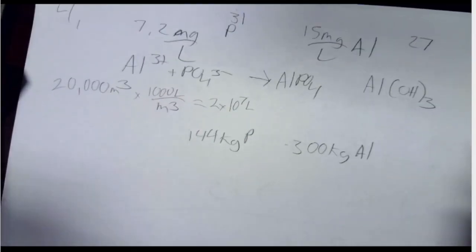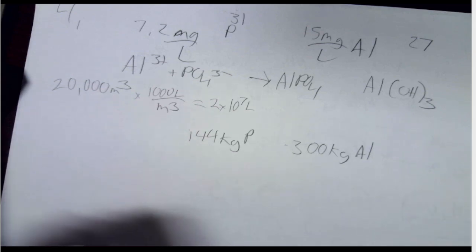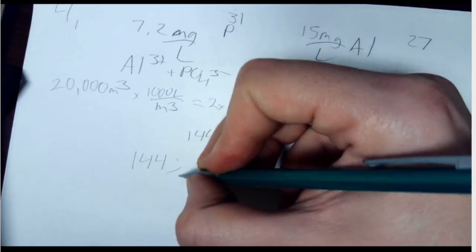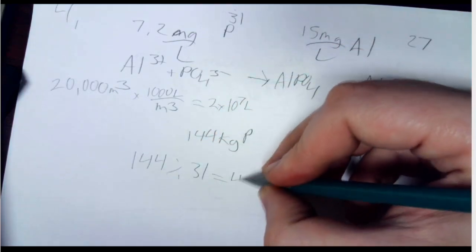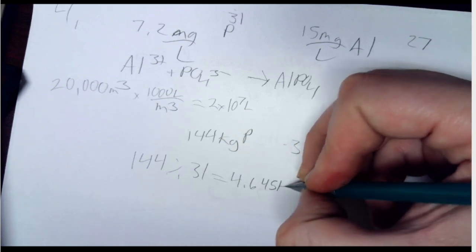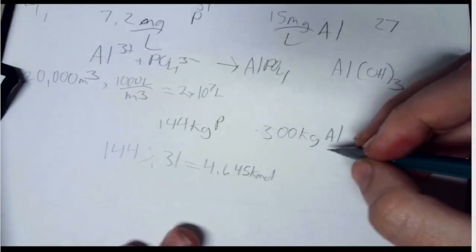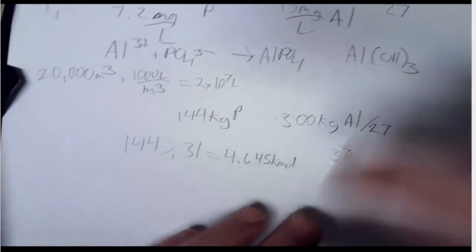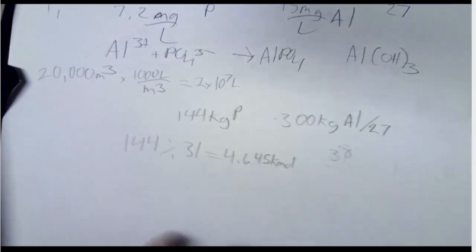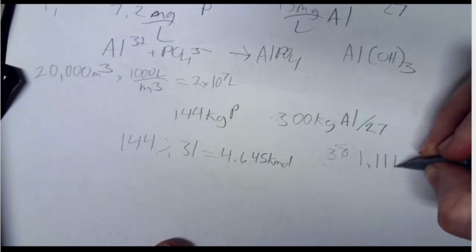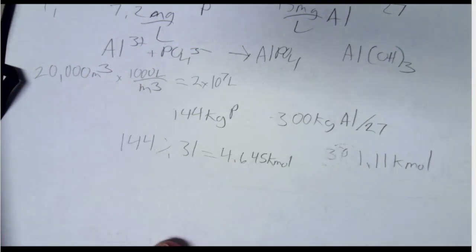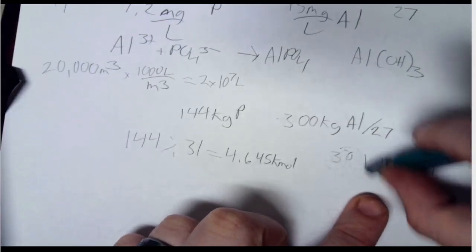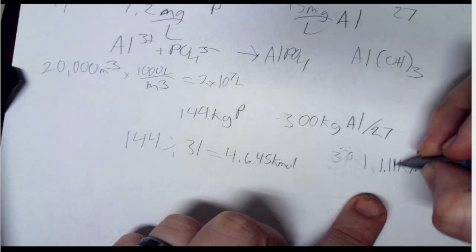I'm rounding these roughly. 144 divided by 31 is something like 4.645 kilomoles, and 300 divided by 27 is something like, wait, no, sorry, 11.11 kilomoles.